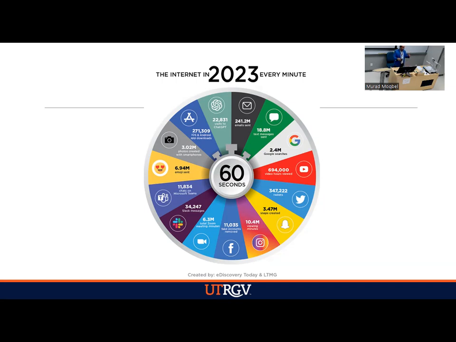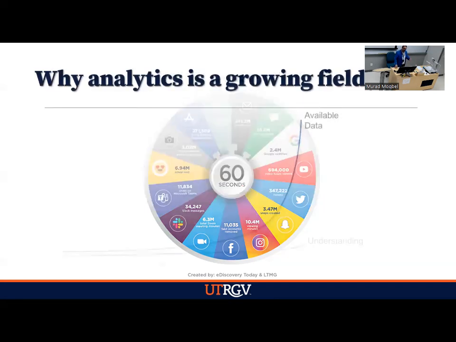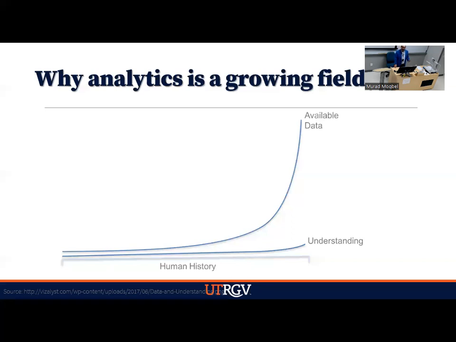And more than 22,000 people visit ChatGPT per 1 minute in 2023. So there is a lot of data created and stored every single minute. And this exponential increase of data has far outpaced our human ability to understand this data and make sense of it, right?